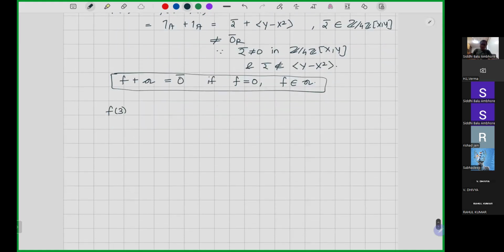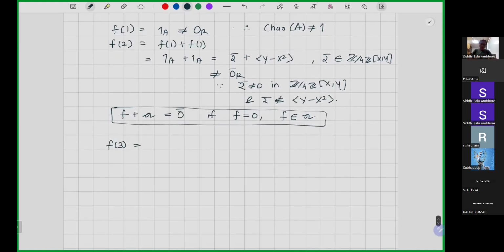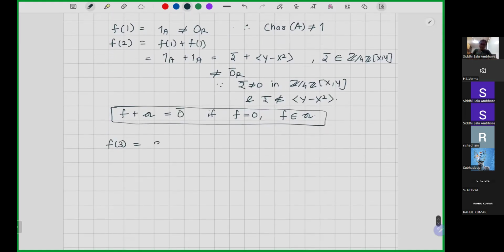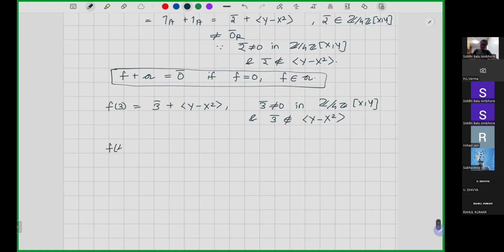Similarly, in case of f of 3, it is 3 bar plus the ideal, similar to 2. 3 bar is again not 0 in Z mod 4Z, x comma y, and 3 bar doesn't belong to the ideal y minus x square. But what about f of 4?